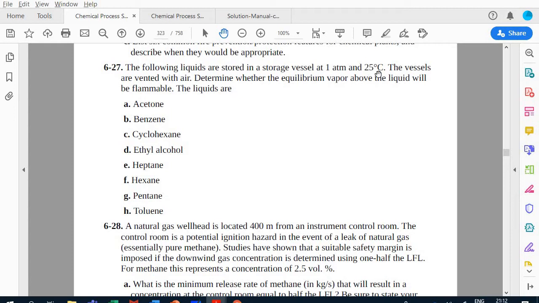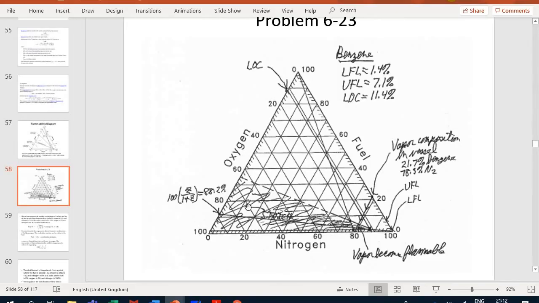At 25 degrees, I find Psat, and then divide it by the total pressure of 1 atmosphere, and I get the volume percent. Psat divided by total pressure gives the volume percentage, which I compare with the flammability limits in appendix B to know whether it's flammable or not.